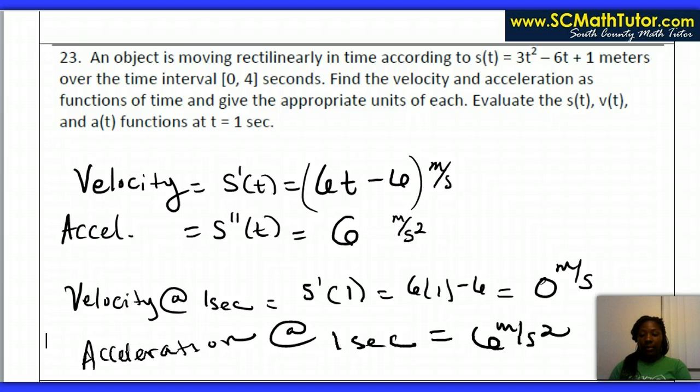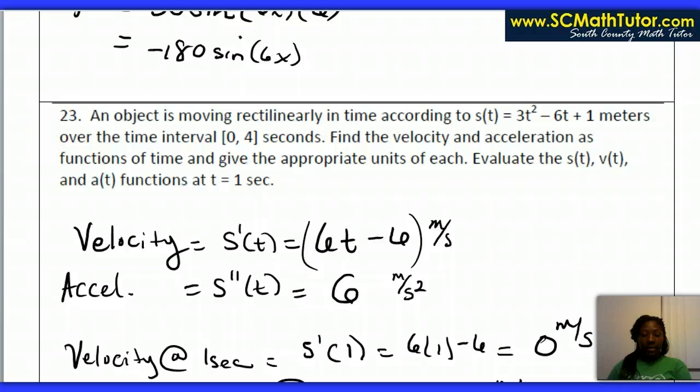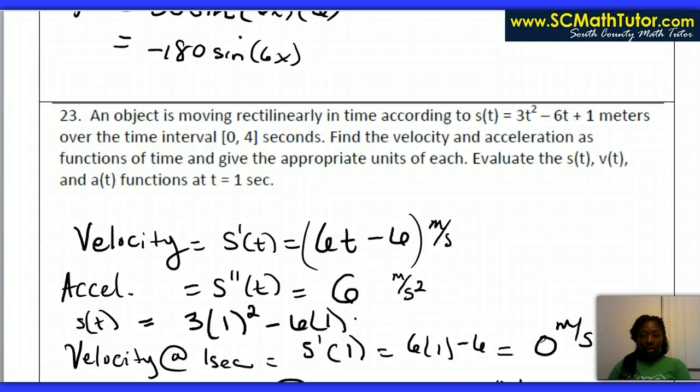Okay, great. And then s of t at 1 second, where is it at 1 second, is going to be the original function, 3 times 1, not t, but 1. 3 times 1 squared minus 6 times 1 plus 1.